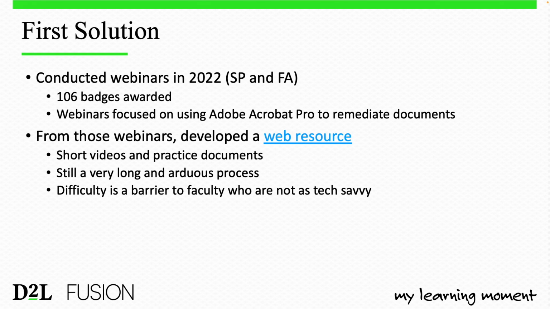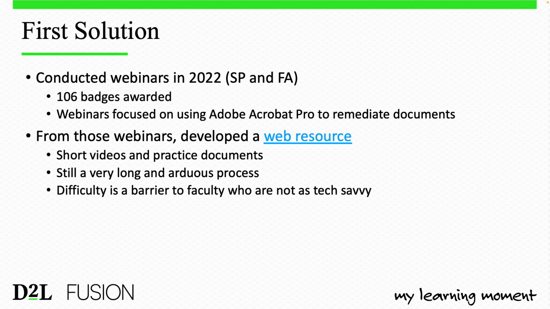And so we conducted webinars throughout 2022, awarding 106 badges just for participating in PDF webinars. And we focused on showing folks how they could go about using Adobe Acrobat Pro to remediate those documents. From those, we developed a web resource. I'm actually going to show it to you in a minute.